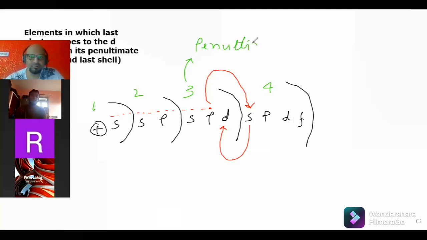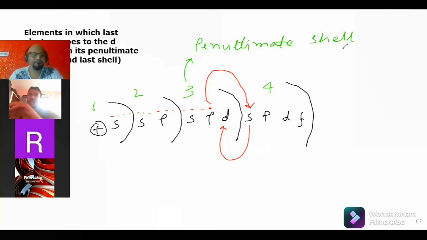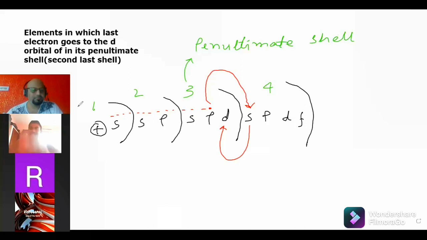I want to ask something, sir. Yeah, go ahead. In the definition, it's written the element in which the last electron goes to the D orbital of its penultimate, which means second last shell.